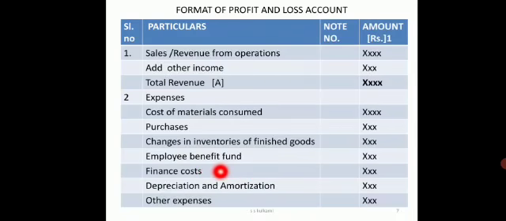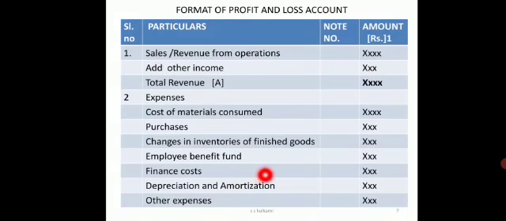Next, you have depreciation and amortization. The word depreciation is used for tangible assets where there is a reduction in the value of such assets. Amortization is the written off value on intangible assets like goodwill written off or trademarks or patents written off.